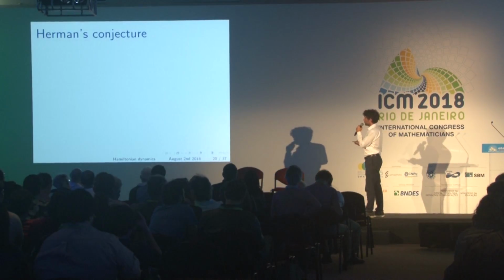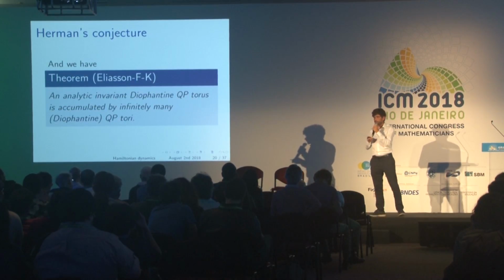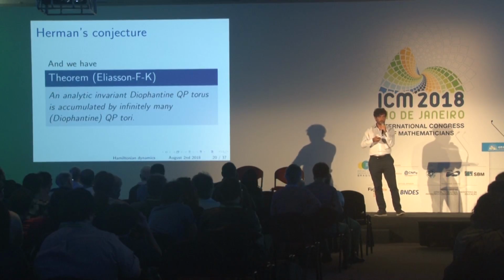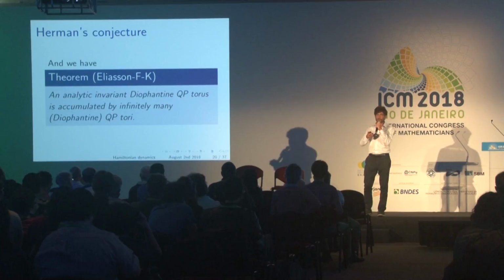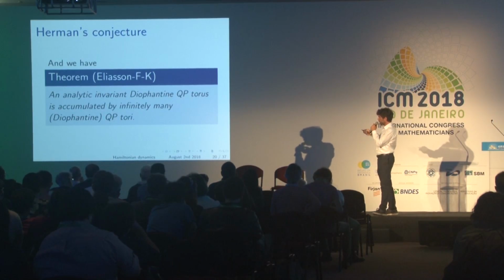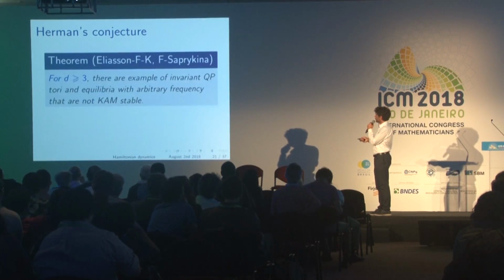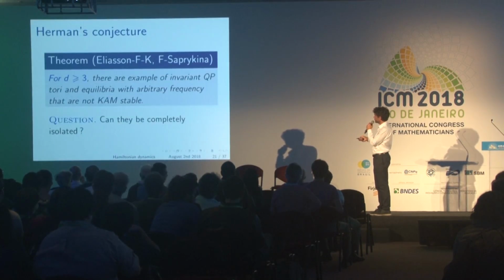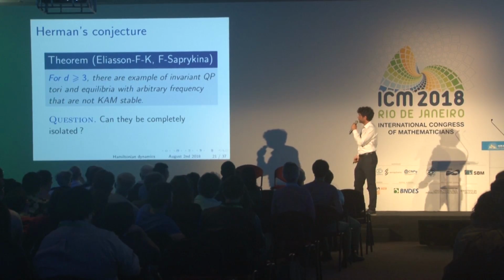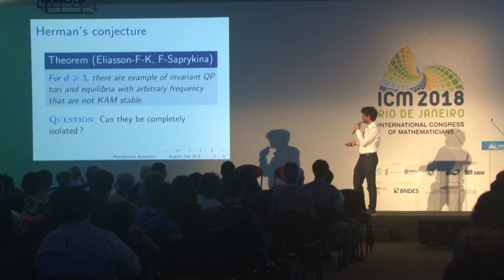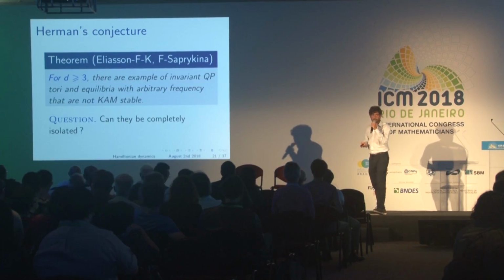As Raphaël was telling you before, usually KAM theorems are just technically a little bit different when you prove them in analytic or in smooth, and you have different arithmetic conditions. But here we're talking about different nature of behavior. The examples we have of non-KAM stable tori or elliptic points are still accumulated by KAM tori.